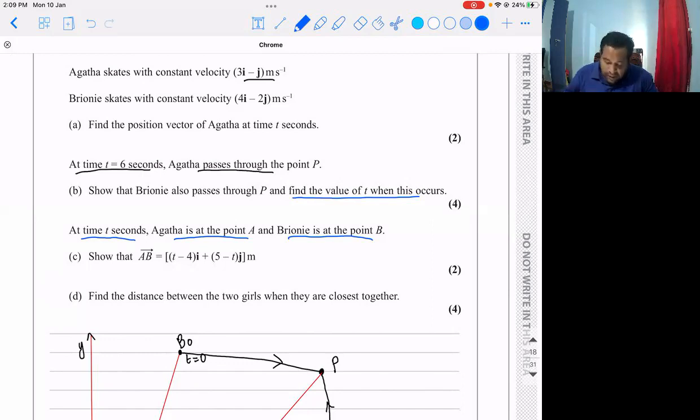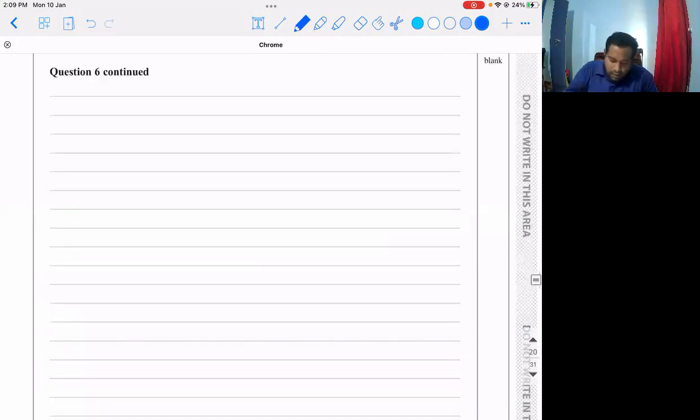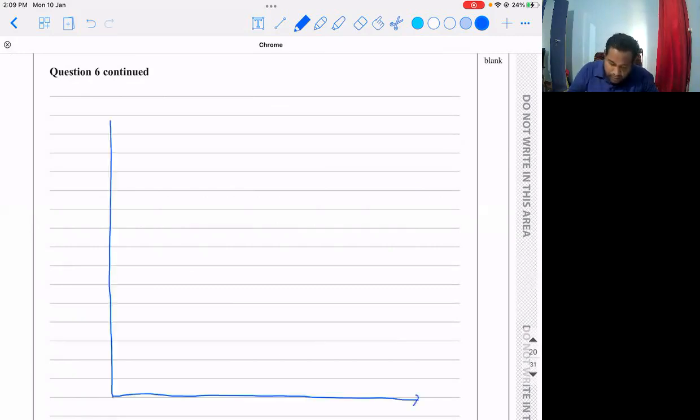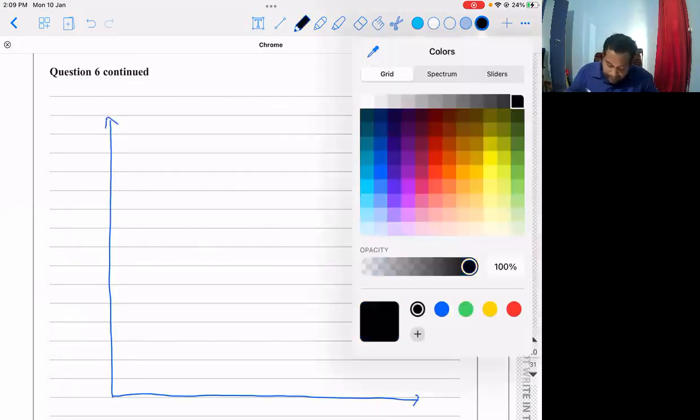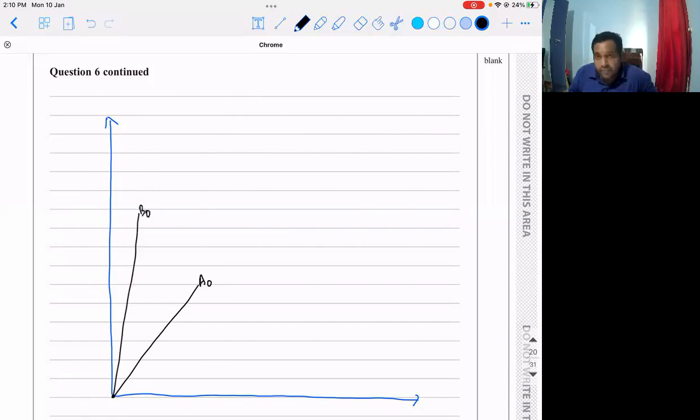So here, I would like to draw one more figure. Randomly, at any time t, initially Agatha was at A0 and Brownian was at B0. Now what happened?